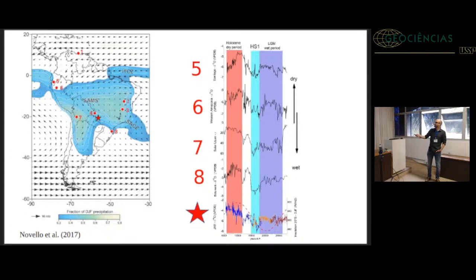But there is also an independent proxy here, point 7, which is not a stalagmite, it's a salar dune in Bolivia, where they have a proxy with alpha content in the salar, which is also a proxy for hydrology. They also showed a glacial wet and Holocene dry. So our δ18O proxy was quite consistent, so we did not have much doubt about the δ18O. We were trying to understand what happened in δ13C.